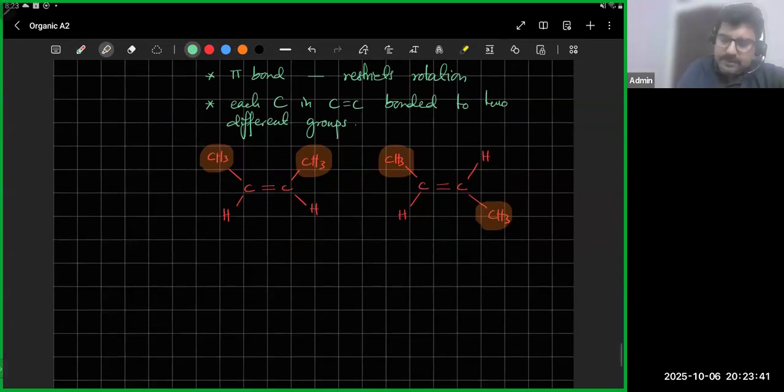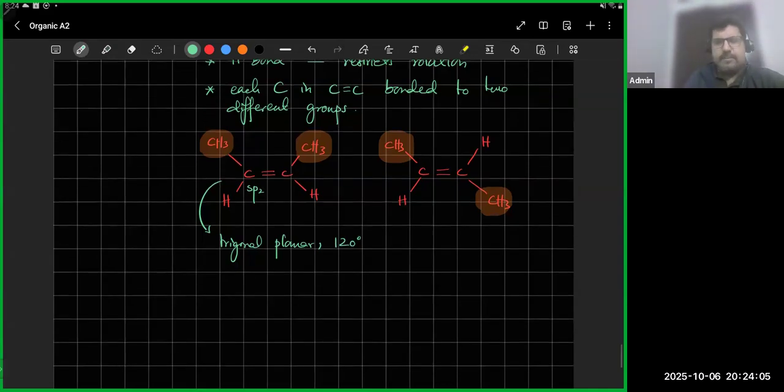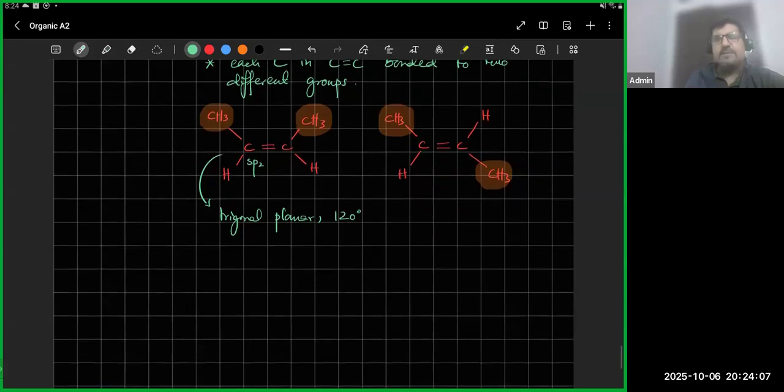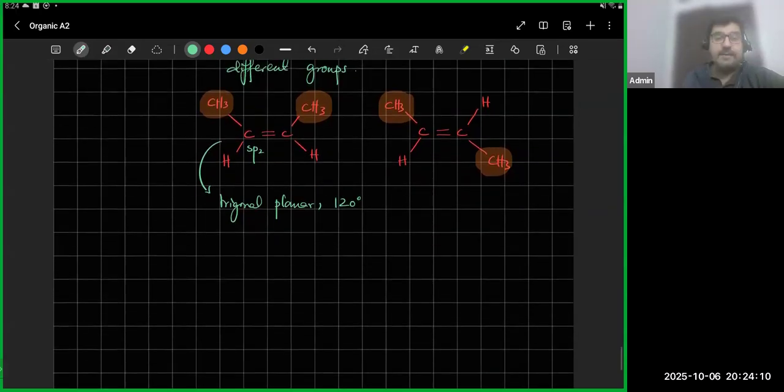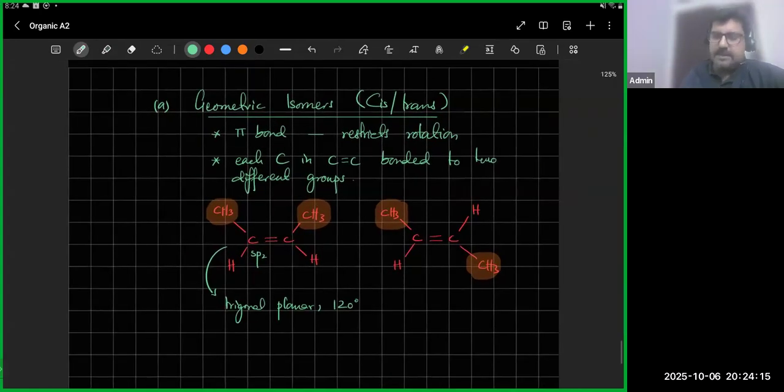What is the shape of the double bond or the pi bond? Remember, carbon when it makes double bonds is sp2 hybridized. This carbon over here is trigonal planar, and the angle is 120 degrees. Alkenes will come up and we will draw it. The double bond is going to be very important in A levels. Benzene has double bonds, so that's why it's going to be very important.